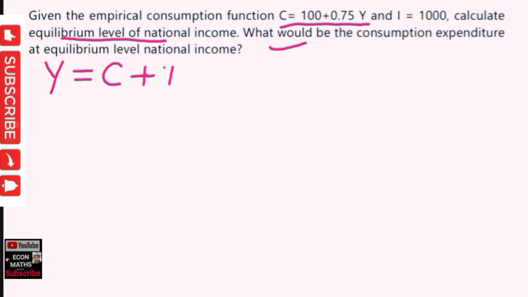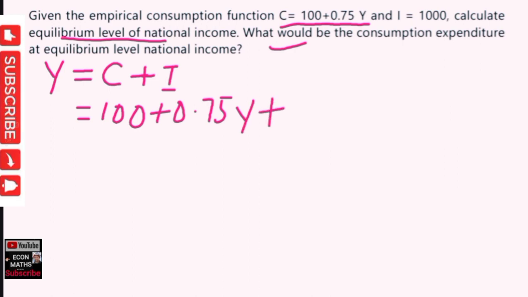Okay, here the consumption expenditure is given as, so we write the value of this, that is 100 plus 0.75 of Y plus the investment is given as 1000. So we will write the value of the investment also, that is 1000, which is equal to Y. Now what will we do?